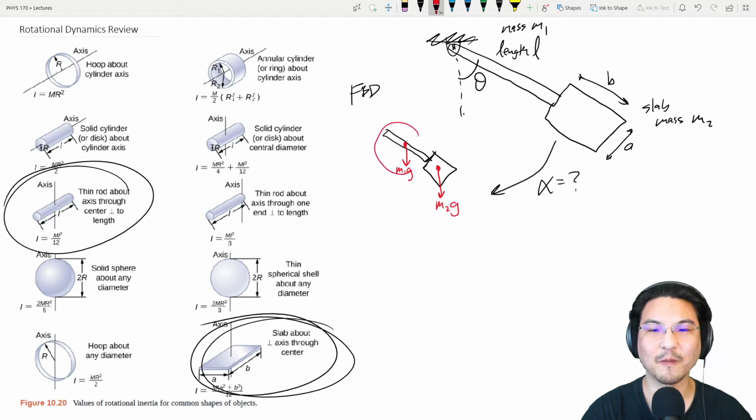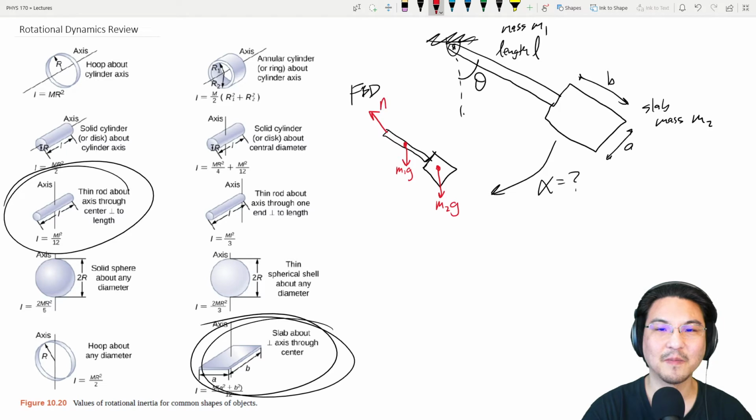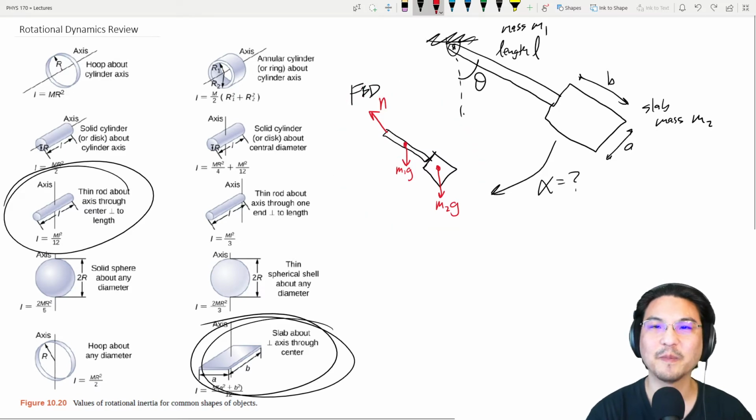So this is at the center of mass of the bar. This is at the center of mass of the slab. And then there's a hinge up here, right? So there's some normal force at the hinge. I have no idea which direction. Some normal force, some direction, we don't know. Okay, so that's it. This is the free body diagram.